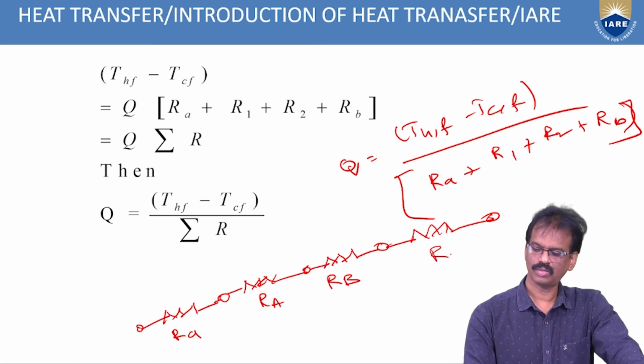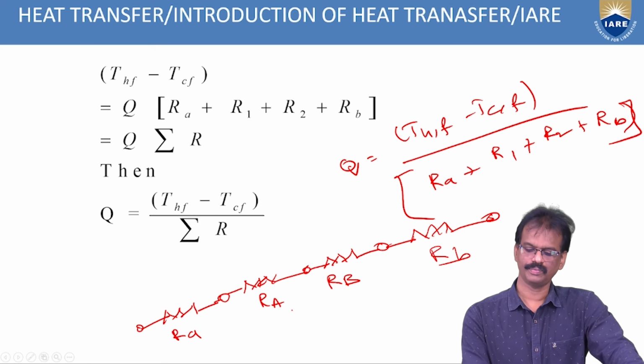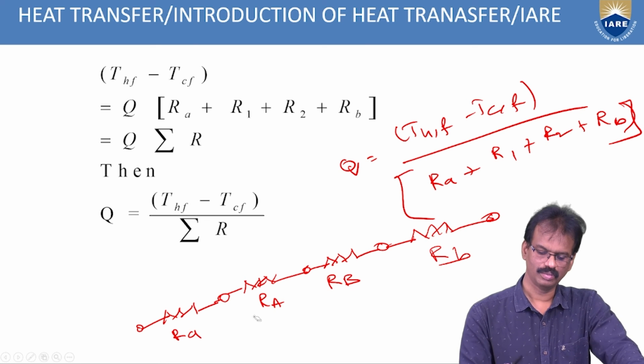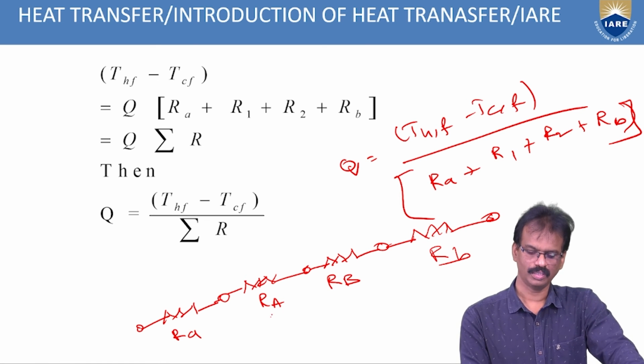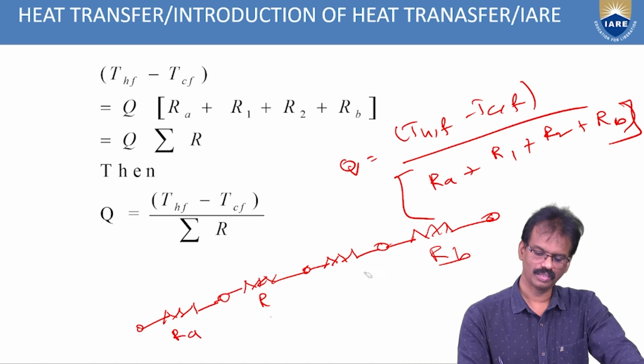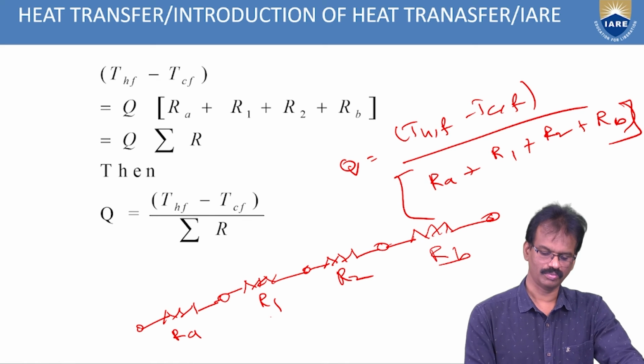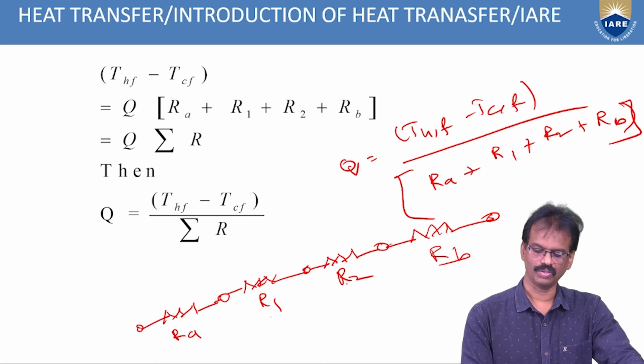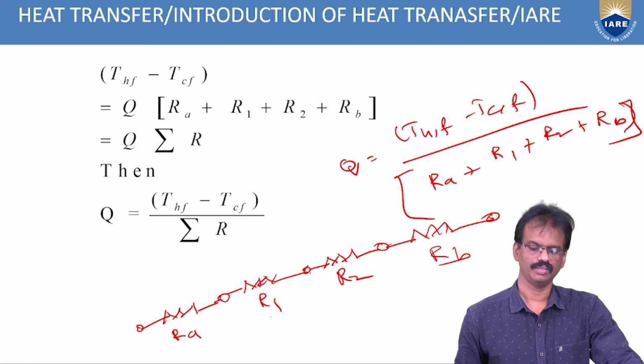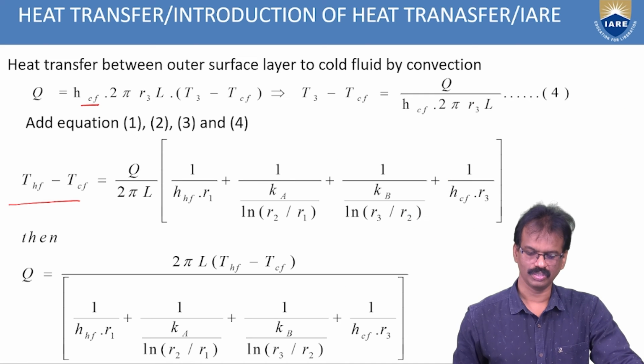RA is the thermal resistivity of layer A, and RB of layer B. Otherwise, you can write like this: this is R1, R2. What is R1 and R2? The thermal resistivity we have already shown here.